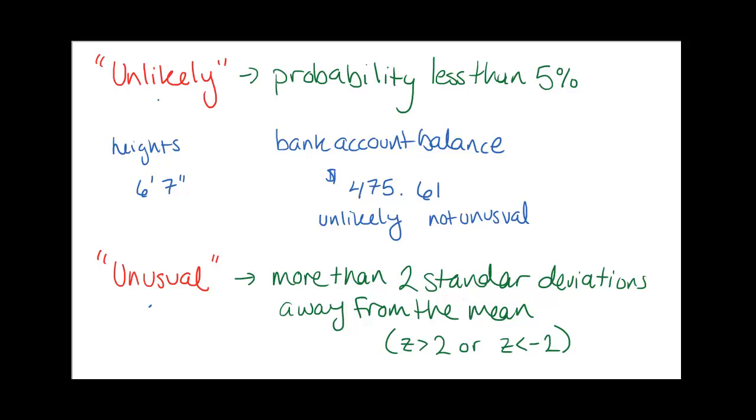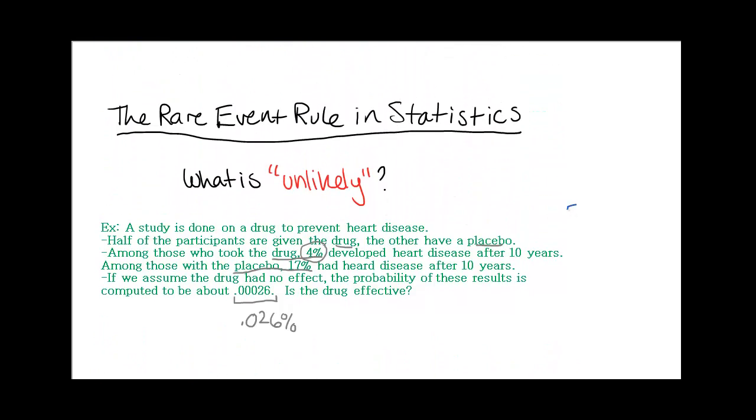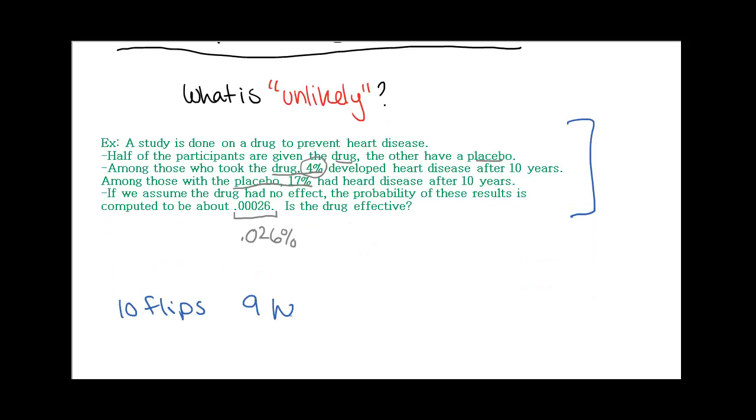So just to summarize, when we're talking about unlikely events here, we want to think about this study example. When we see something that has a very low probability, we're typically going to assume that that result is false. You can think about it as if your friend flipped a coin 10 times and got 9 heads in those 10 flips, you might suspect that this coin isn't really fair. It's not a 50-50 coin. Now it might be that you just got really lucky, but the probability of getting 9 heads in 10 flips is fairly low.